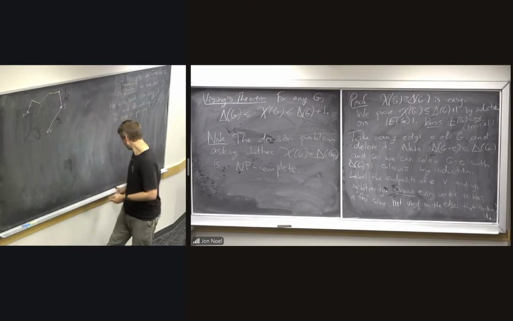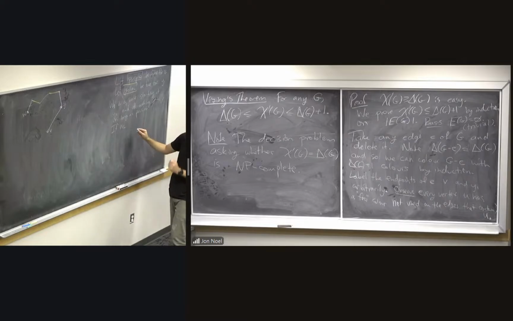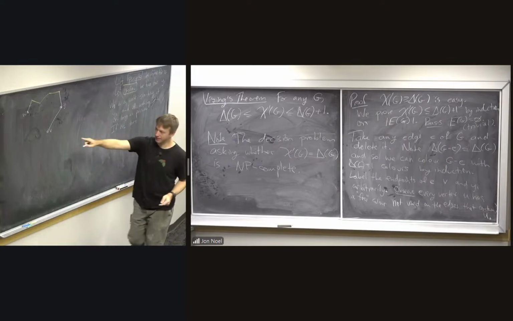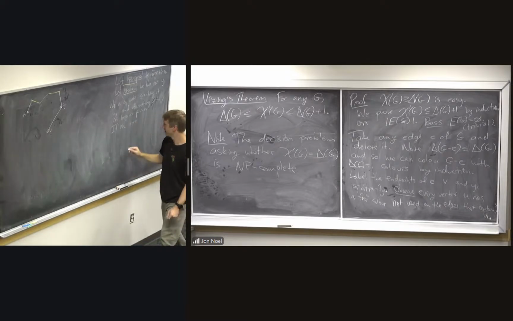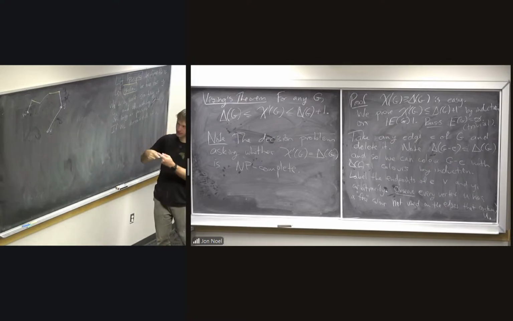So if W1, the walk, doesn't end at V, it's a bit different if it ends at V. We'll see that in a second. Swap the edges, swap the colors on the walk.